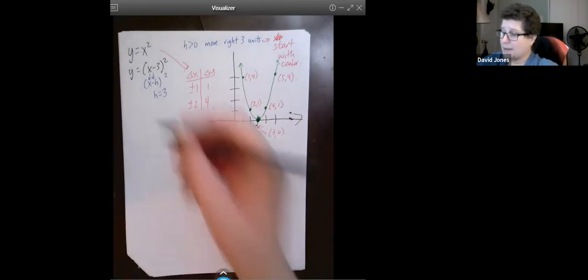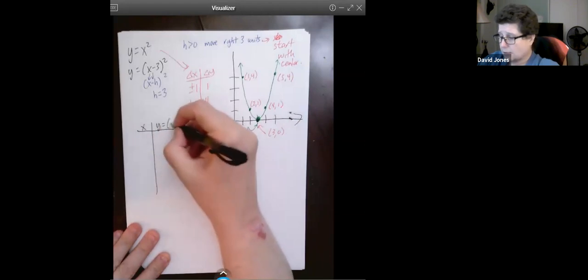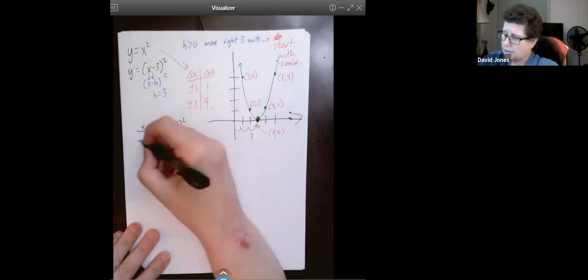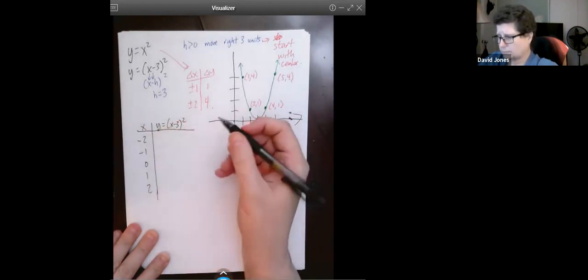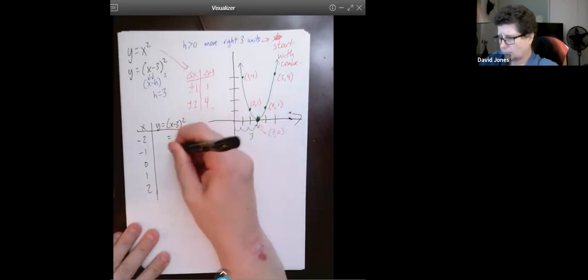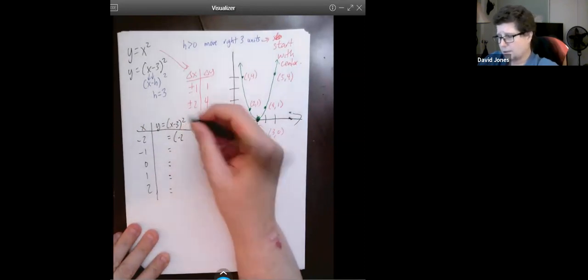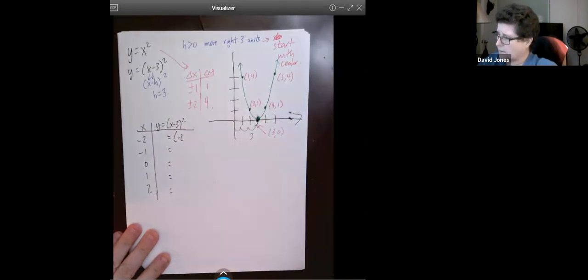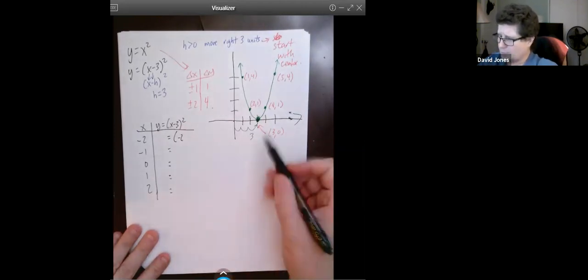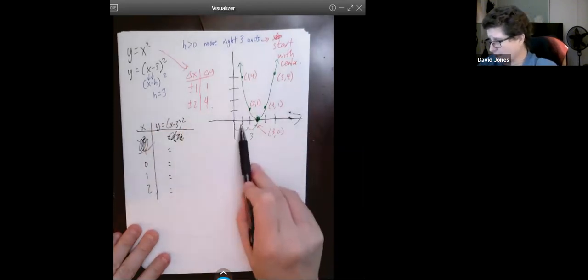If I make a little table of x and y, I've got -2, actually, I don't want to look at the -2. That's going to put me way off the graph. I didn't even look at x equals 0. Let's start at x equals 1.